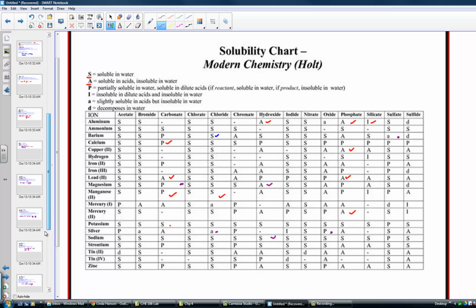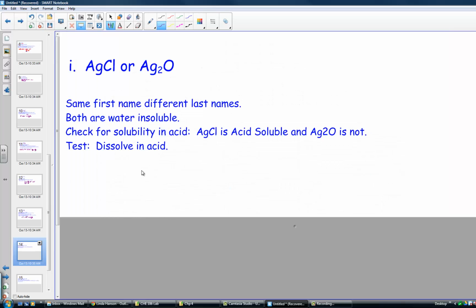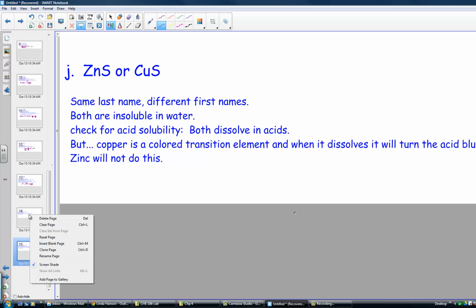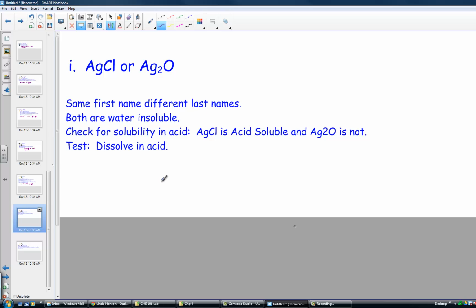So I'm going to take a little bit of the sample from the unknown jar and dissolve it into a strong acid and observe, does it dissolve well? Silver chloride in acid will dissolve. So the chemistry simply looks like AgCl.